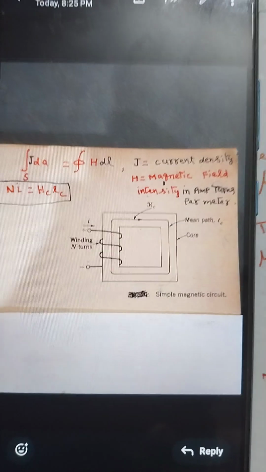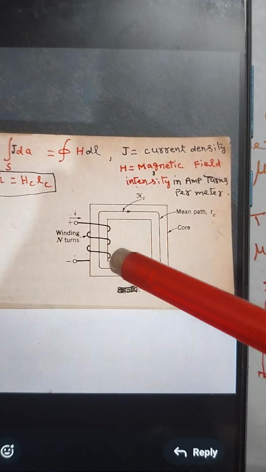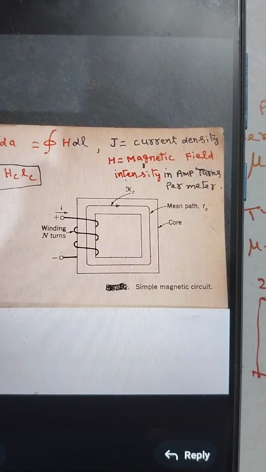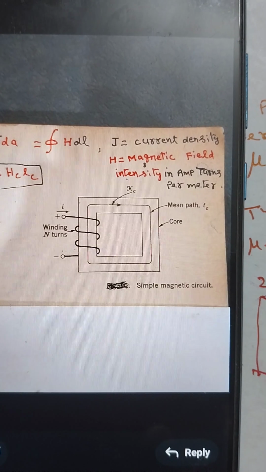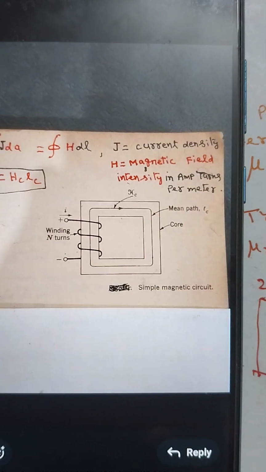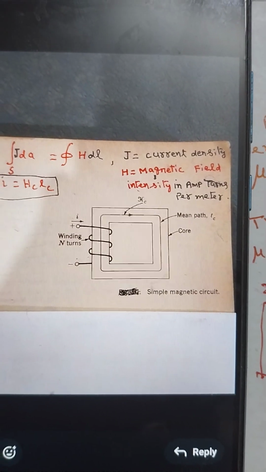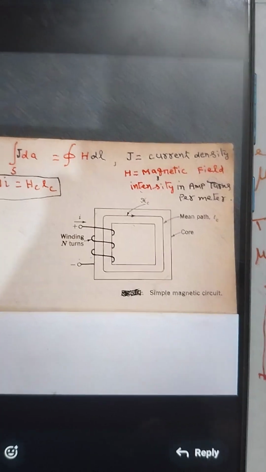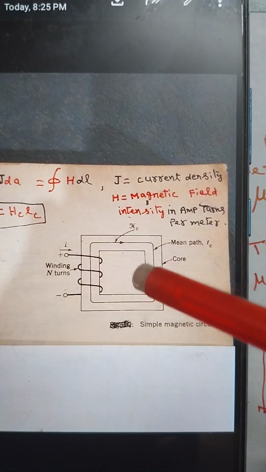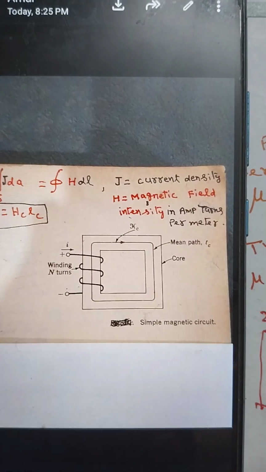So the magnetic field is usually neglected outside the core, but in analyzing the transformer or electric rotating machine, the field outside the core, which is called leakage field, is extremely important in determining the coupling between windings. Here this is the primary winding, here will be a secondary winding, and there will be magnetic coupling between these two windings.